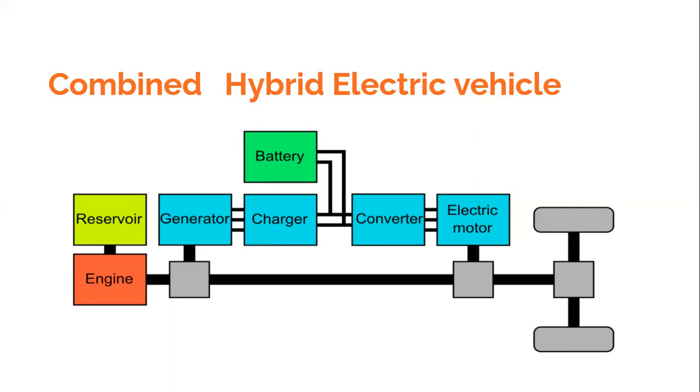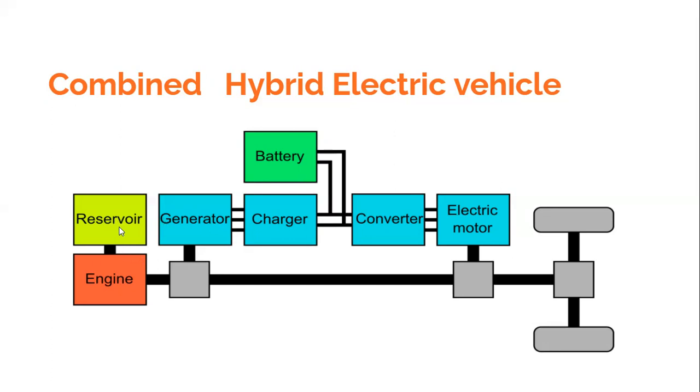As I said, this combined hybrid electrical vehicle is also known as series parallel hybrid, and it is an effort to combine the series and the parallel configuration. So just look at this arrangement.